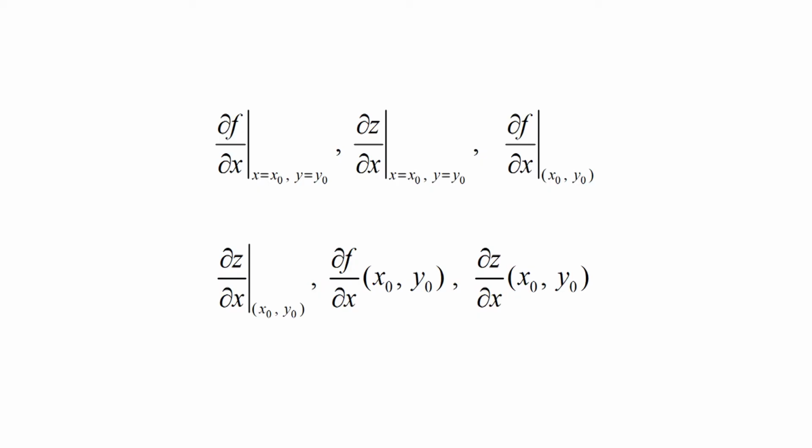Some typical notations for the partial derivatives of z is equal to f(x,y) with respect to x at a point (x₀, y₀) are ∂f/∂x evaluated when x is equal to x₀ and y is equal to y₀, ∂z/∂x evaluated when x is equal to x₀ and y is equal to y₀, ∂f/∂x evaluated at (x₀, y₀), ∂z/∂x evaluated at (x₀, y₀), ∂f/∂x of (x₀, y₀), ∂z/∂x of (x₀, y₀).